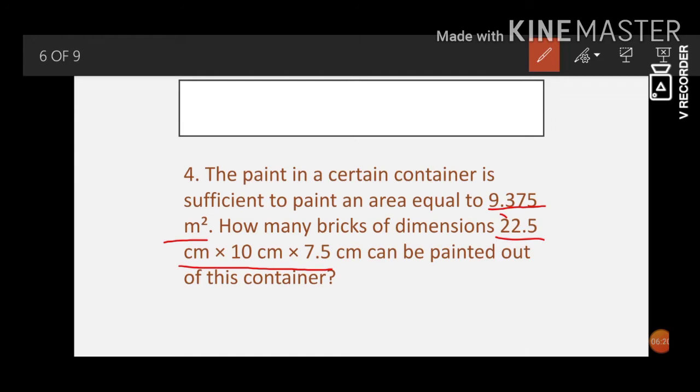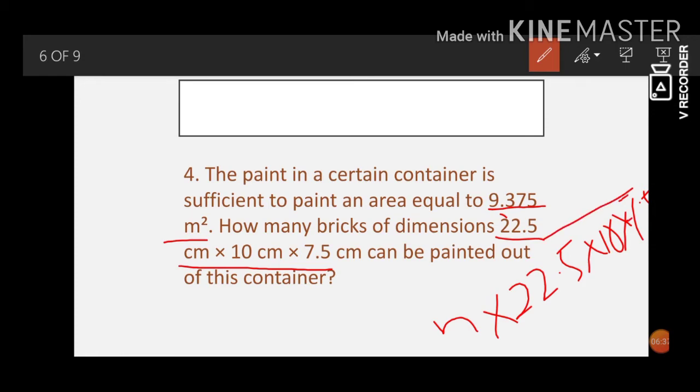So it can be easily found out. Since the dimension of the brick is given, we can assume that n number of bricks are used with this dimension, 22.5 into 10 into 7.5. This should be equal to the total area that is given.